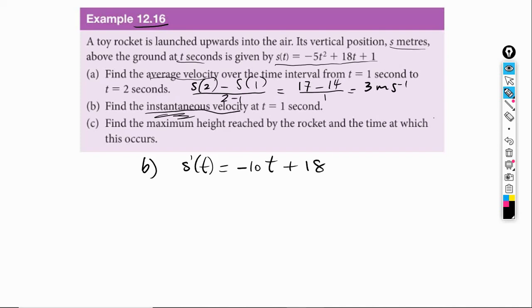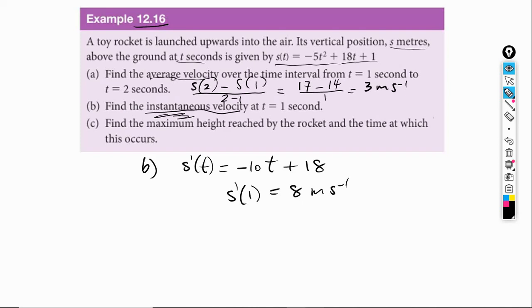And now what we have to do simply is plug in 1. So that means do s derivative of 1, and that's going to equal 8. So that means that the instantaneous velocity after 1 second, or at 1 second, was 8 meters per second.